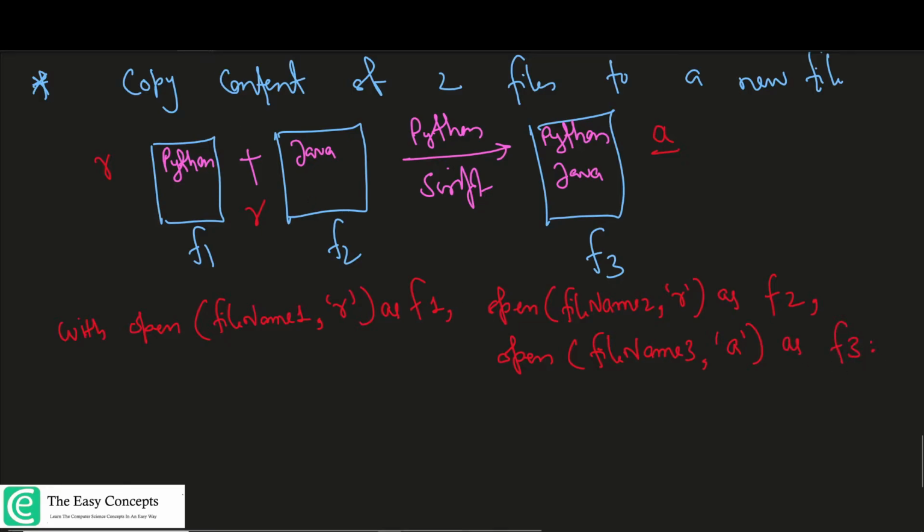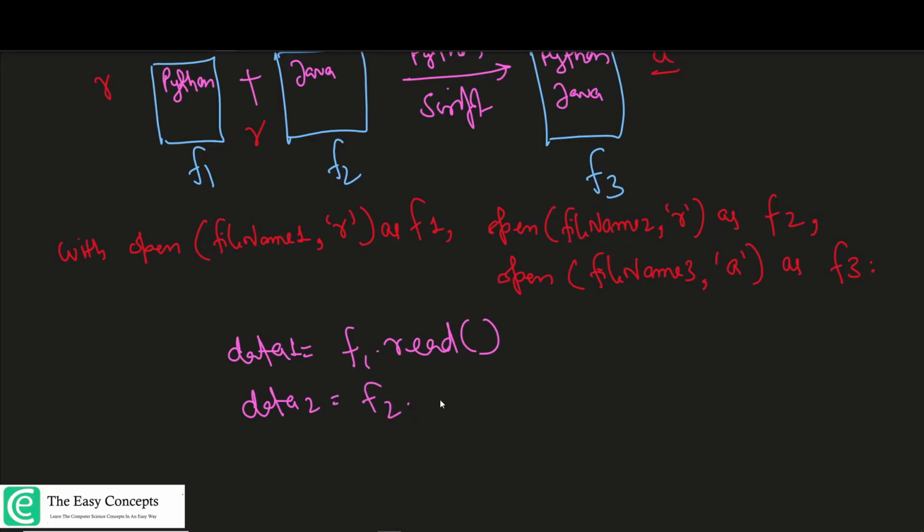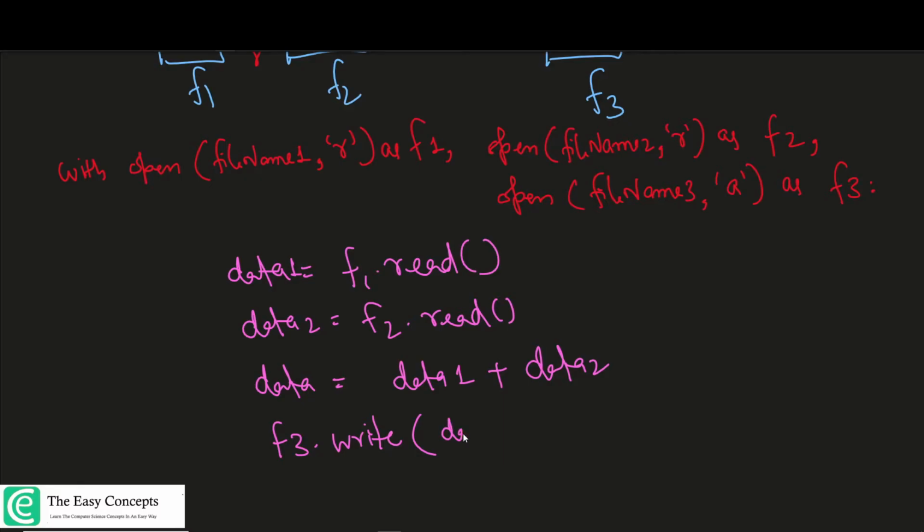So basically we have these three files, and what we have to do is read one file like this. We have the content data, you can make it data1, then we have data2 from f2.read, and finally you can make another variable data, which is data1 plus data2, and then you can write f3.write and data.